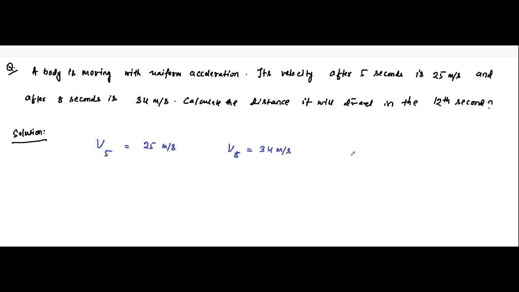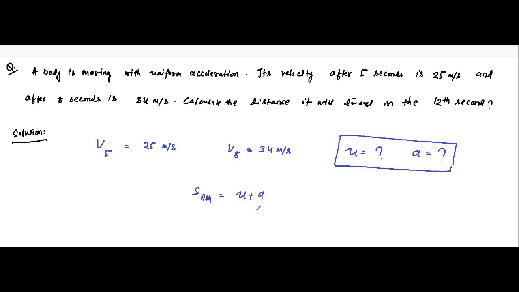No information has been given about the initial velocity and the acceleration. So we have to determine these two parameters. Only then can we determine the distance traveled during the nth second, which is equal to u plus a by 2 into 2n minus 1, for n equal to 12.